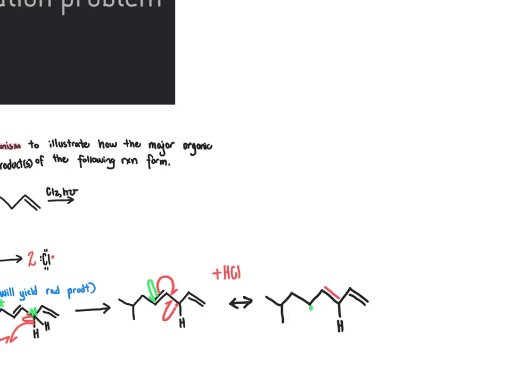So I'm going to go back and show how we can form that third resonance structure. So we go back and start with our original resonance form, and I'm going to show my electron pushing arrows to show how we get to another resonance structure that's distinct from the two that we've already drawn.